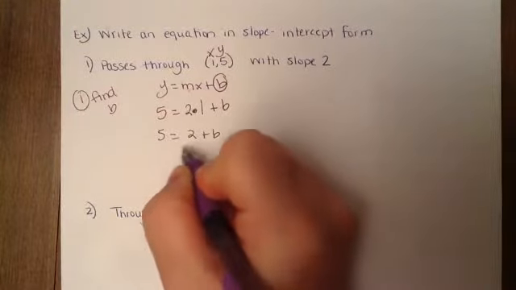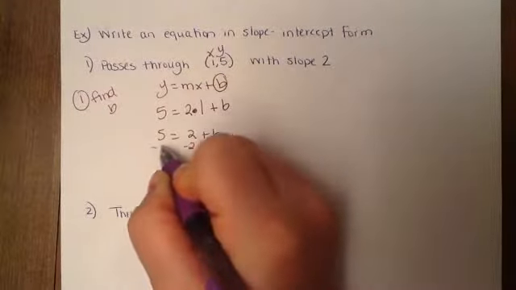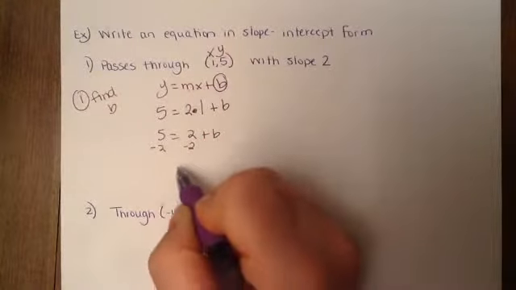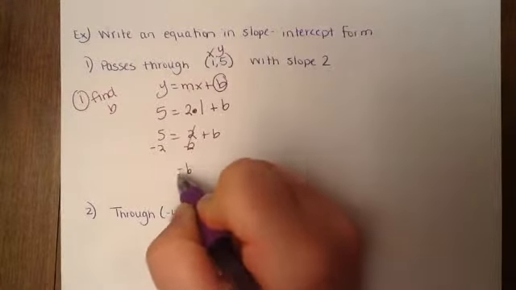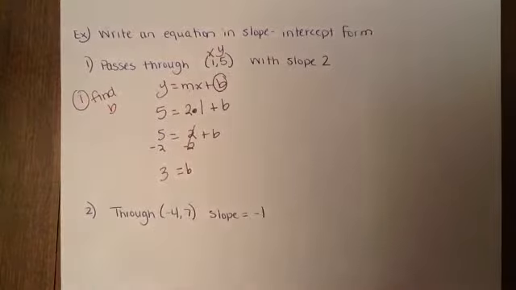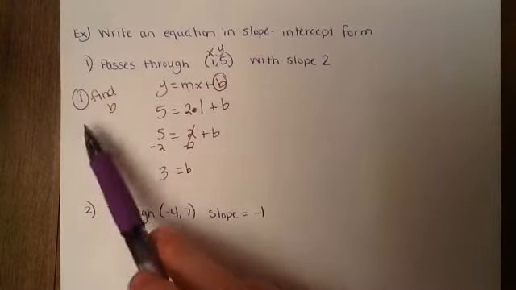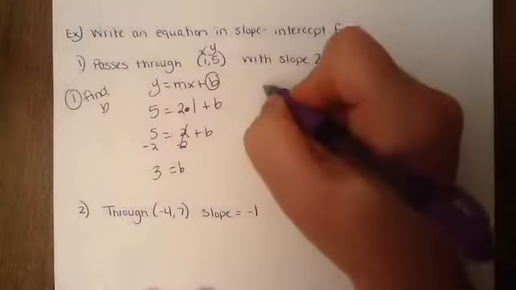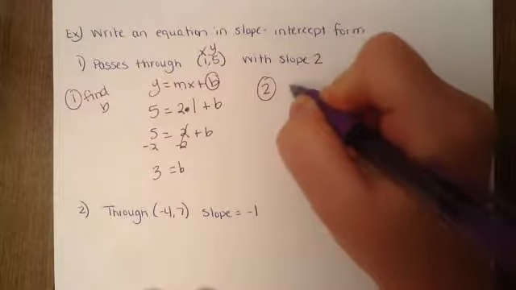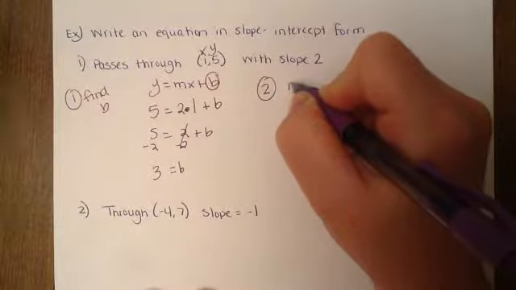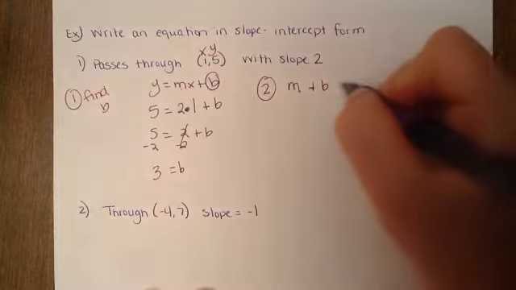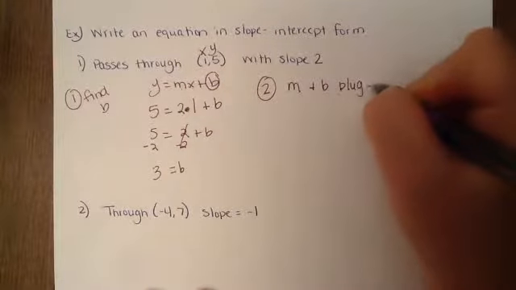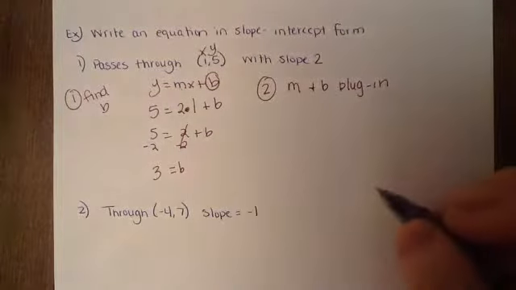So 5 equals 2 plus b. Solve for b: minus 2. What I do on one side, I do to the other. b equals 3. So our first step was to find b. Our second step is to plug in m and b.